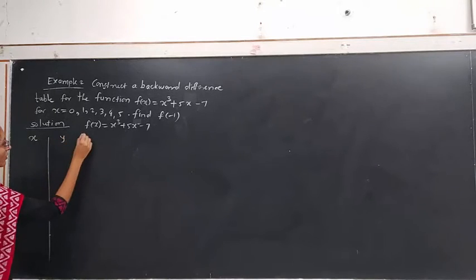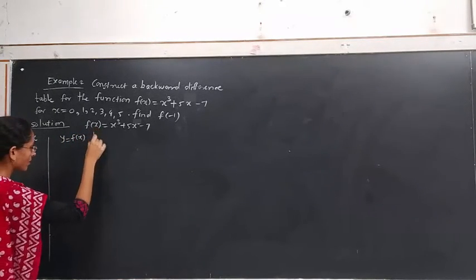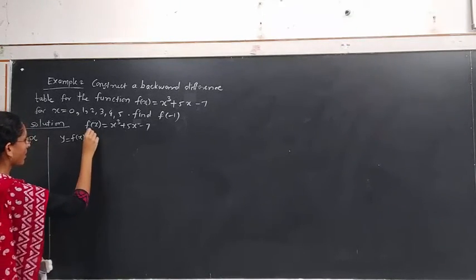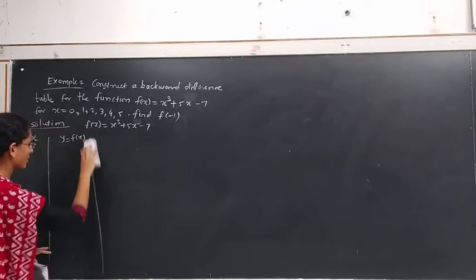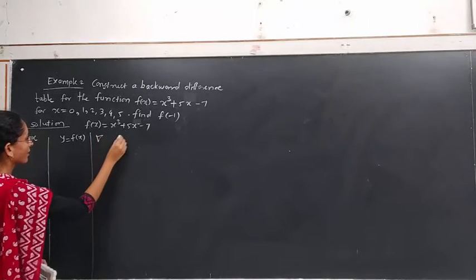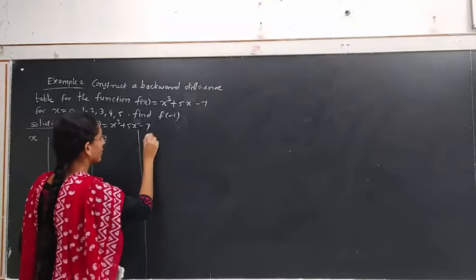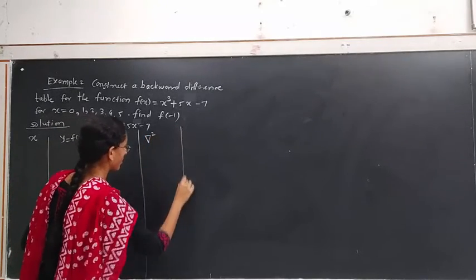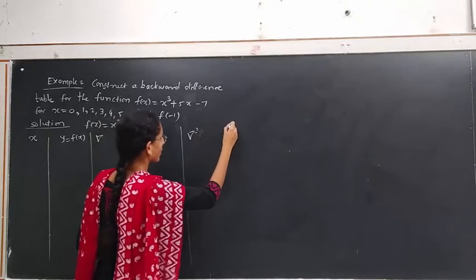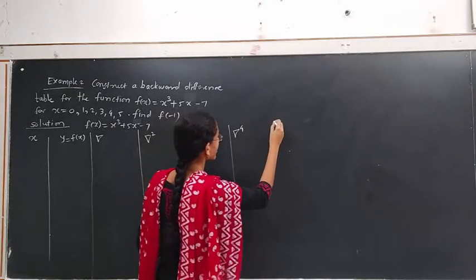The columns are x, y equal to f of x, then the next column contains the first order backward difference del f of x, then del square f of x, del cube f of x, and del raised to 4 f of x.